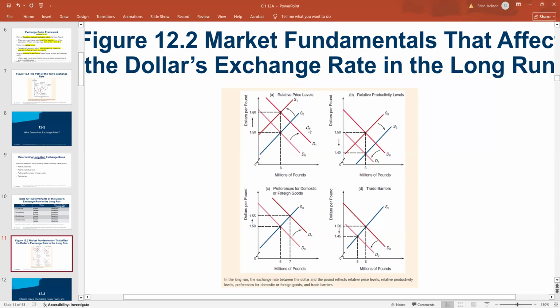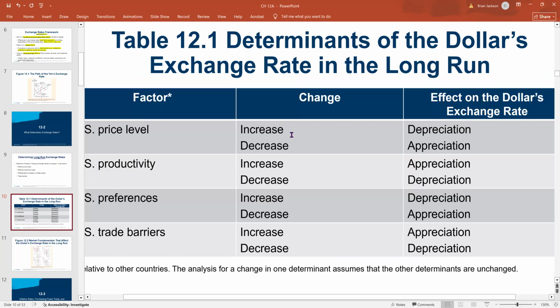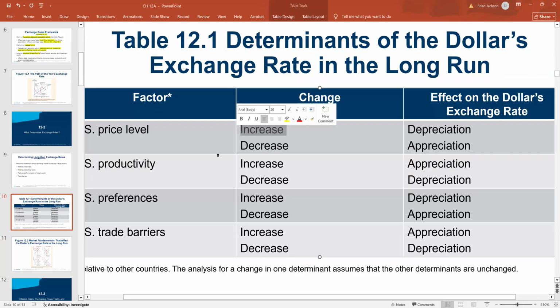So there are fewer pounds being supplied. Remember, this is the market for pounds. Fewer pounds are being supplied by British citizens to exchange for dollars to buy American goods. So British citizens want fewer American goods. American citizens want more British goods if, in fact, there's an increase in the price level in the United States.